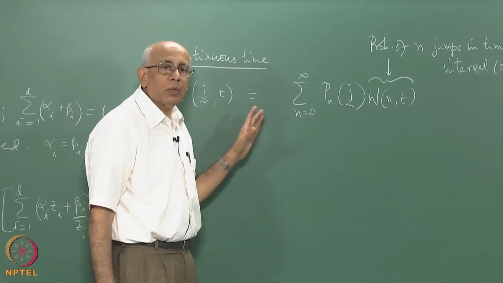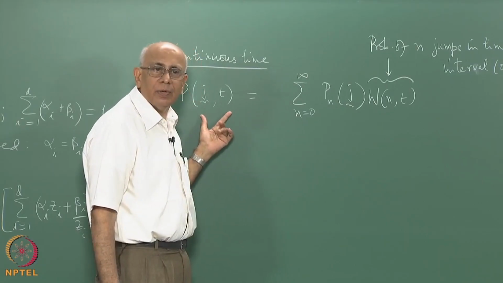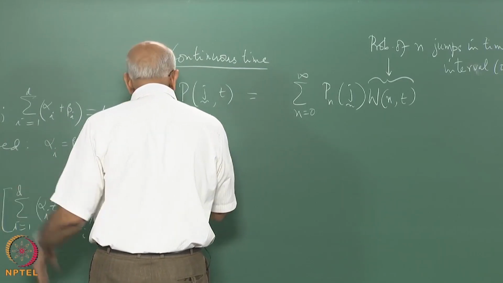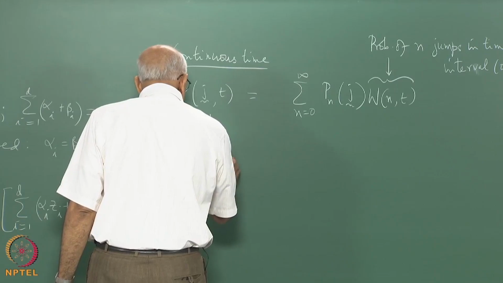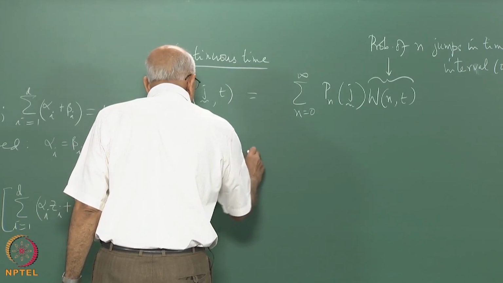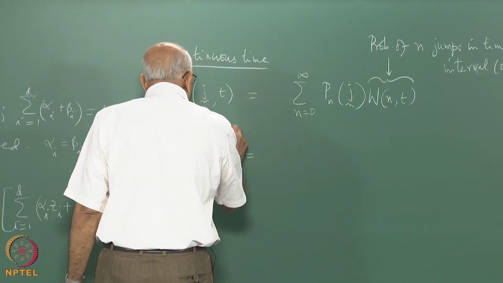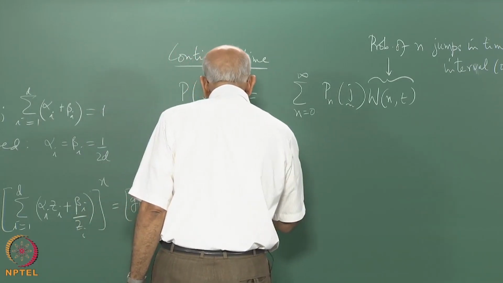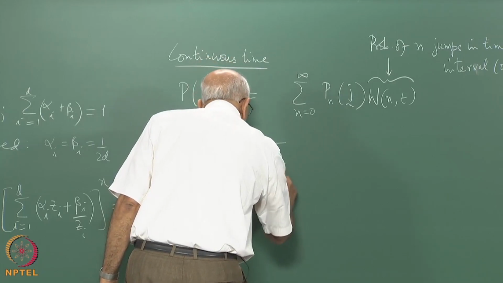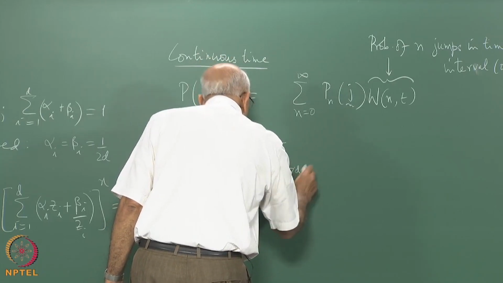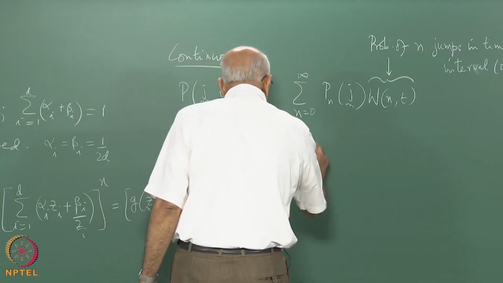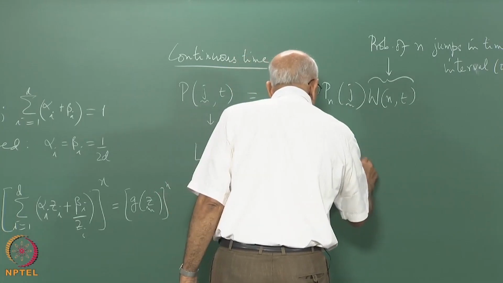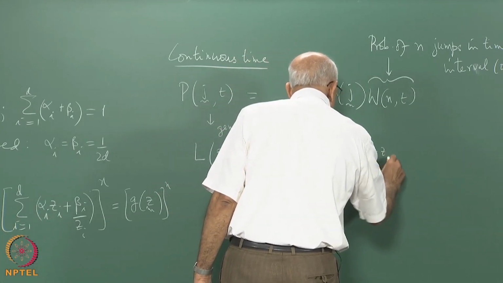Now we can ask, what can we say about the generating function for this. So let me call, I need a new symbol, so let us call it L of z comma t to be equal to the generating function for this. This is equal to summation over j, all lattice points j over Z^d, p of j comma t times z1 to the j1 ... zd to the jd.